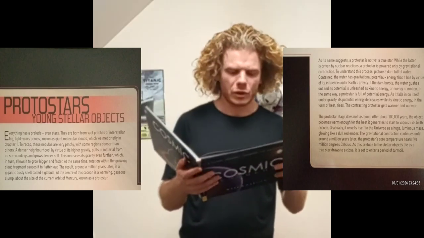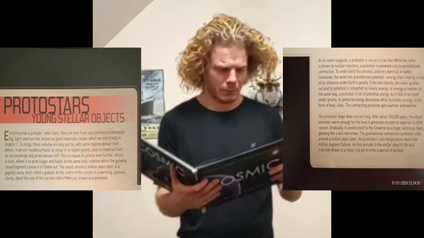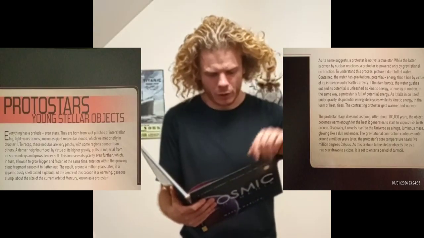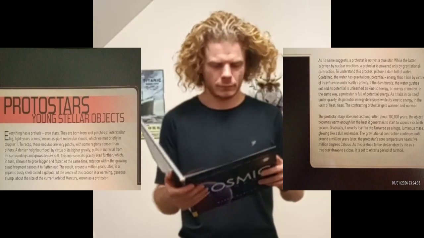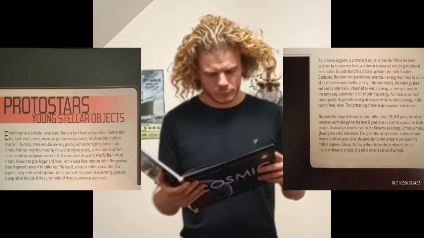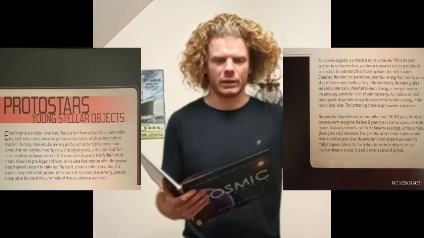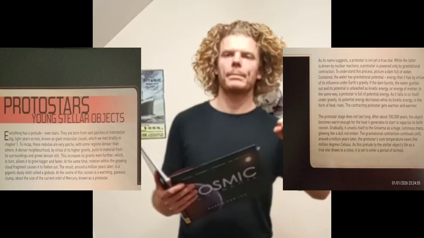At the center of this cocoon is a warmer gaseous clump about the size of the current orbit of Mercury, known as a protostar. Okay, it's a globule then. So, giant molecular cloud and then a globule 1 million years later.